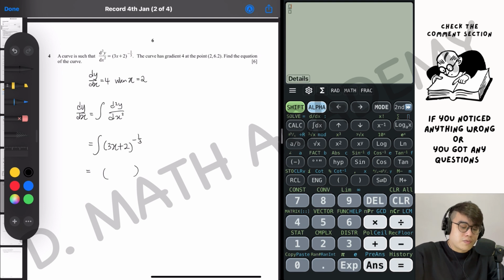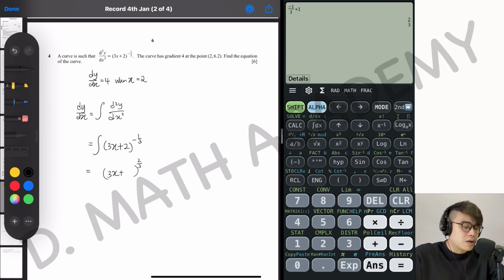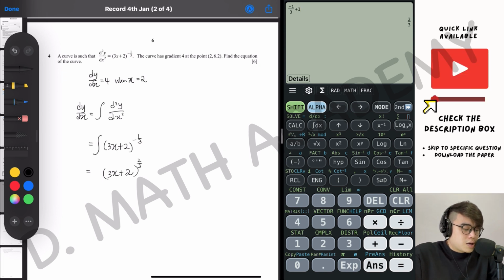It was given as negative 1 over 3. If you were to add 1, you will get 2 over 3. Kindly take note that the values inside the brackets will never change. And I just put an unknown here, which is the result, or the value that I'm trying to identify. So let's say this is what we have.